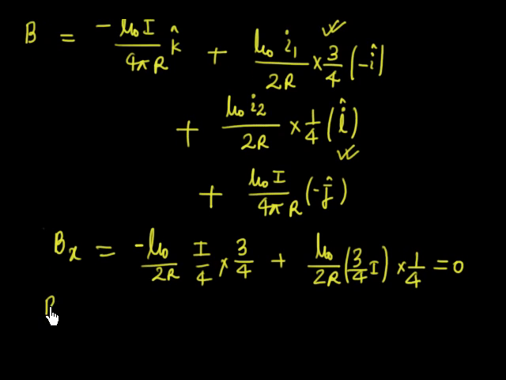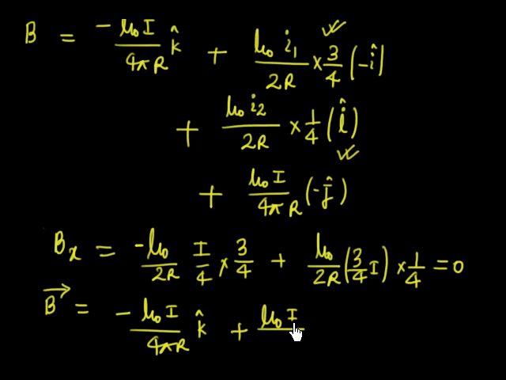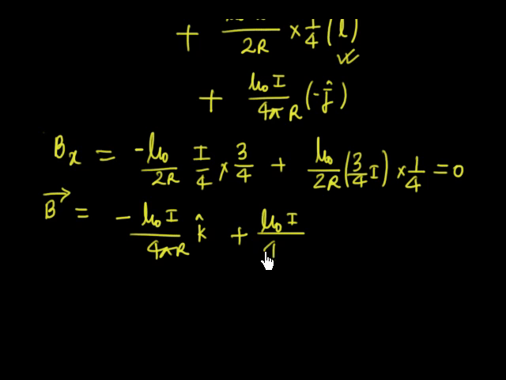What is the resultant magnetic field you will have? So you will have K component minus mu naught I by 4 pi r, and here you have J component, that is mu naught I by 4 pi r. Are you getting or not? So this is mu naught I by 4 pi r, and this is minus J component.